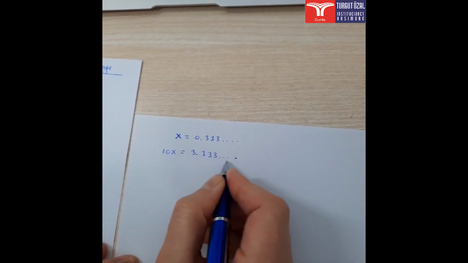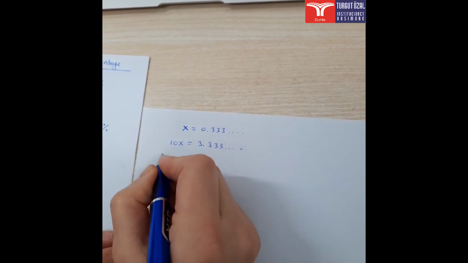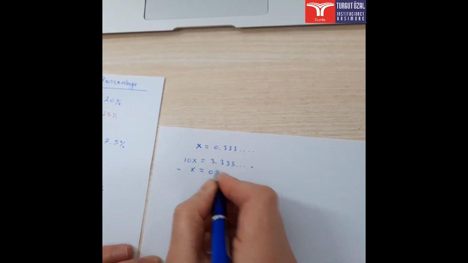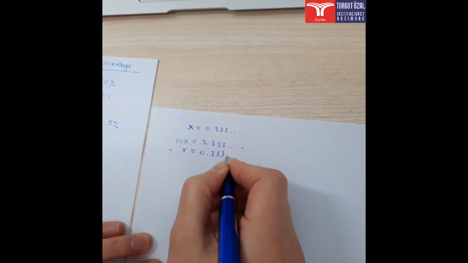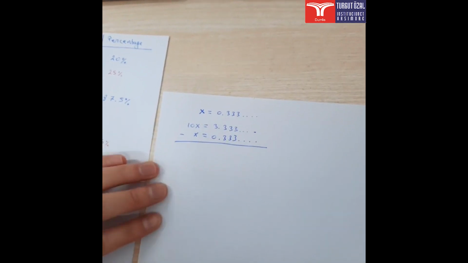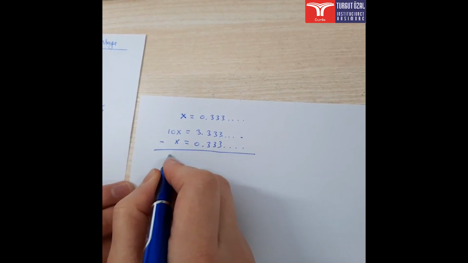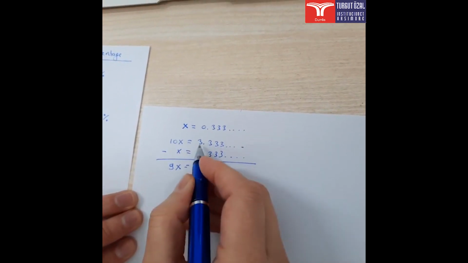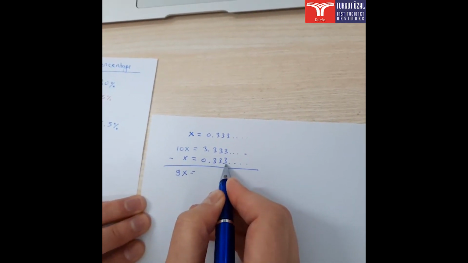Now I want to subtract from this 10x my original number. So 10x minus x, which is the same as 3.333 minus 0.333 and so on. So let's perform this subtraction. On the left side I have 10x minus x, which is equal to 9x. On the right side, I have 3.333 minus 0.333.